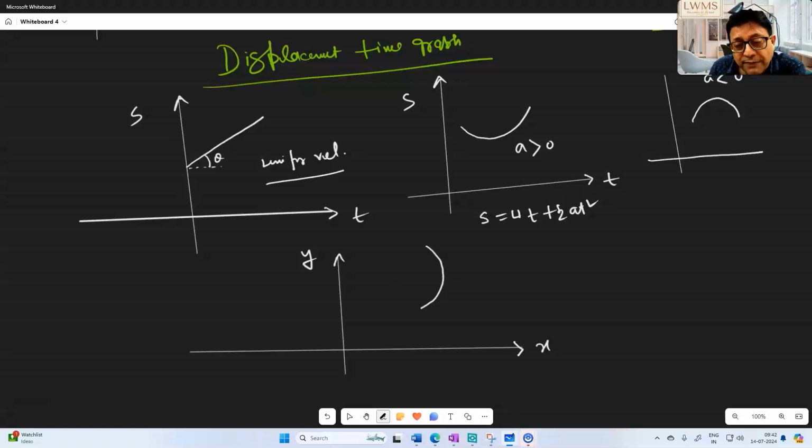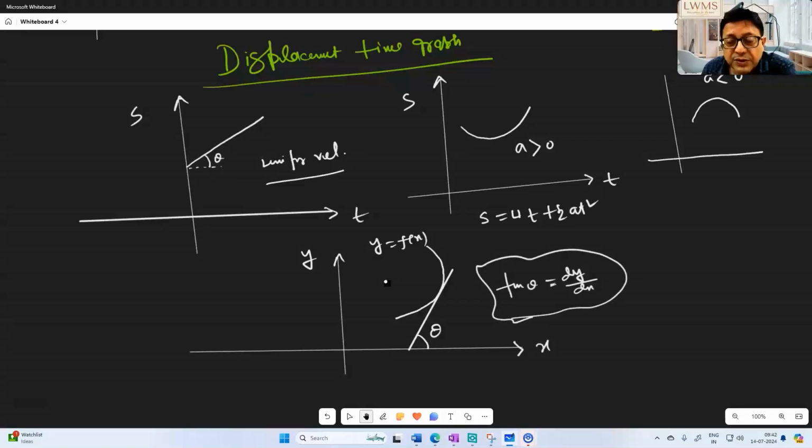So this is a graph. For any graph I am writing y equal to f of x. If you draw a tangent here, then the slope of this tangent, tan theta, is equal to dy by dx.